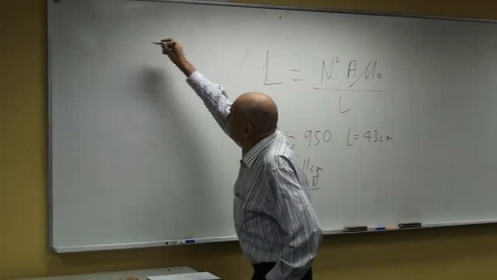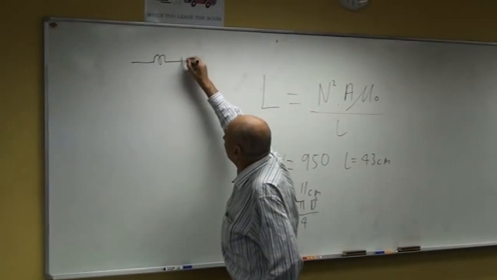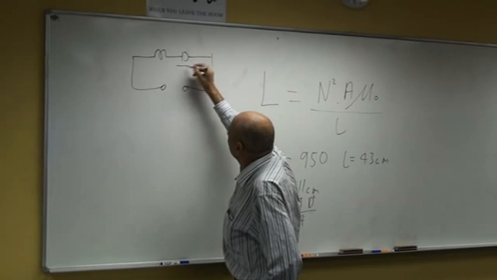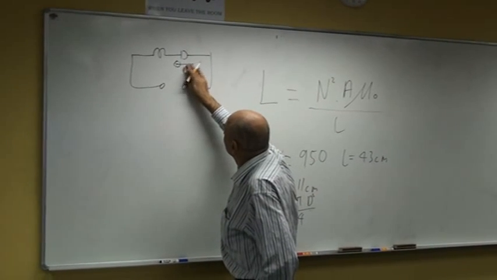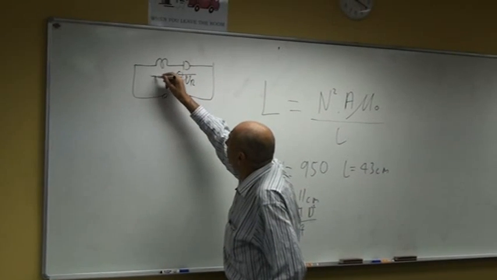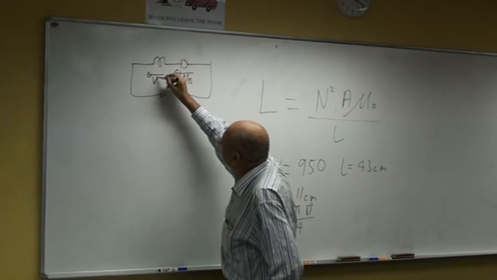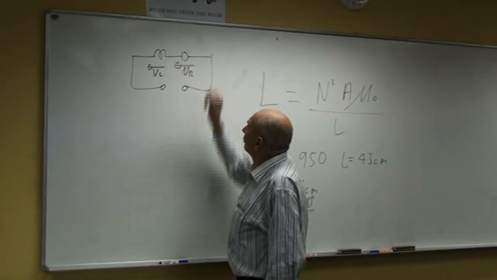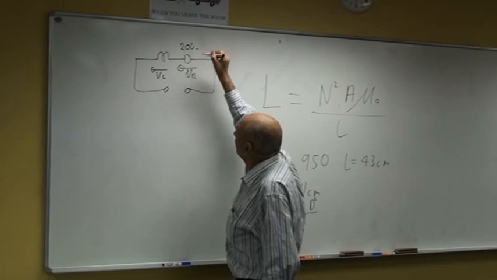So now going back to the board, the circuit we've got is like this. We have a coil, and we have a resistance, and we've measured VR, which is voltage V2, and we've also measured VL, which is voltage V1. Now, we know that's 200 ohms, so we can find the current.